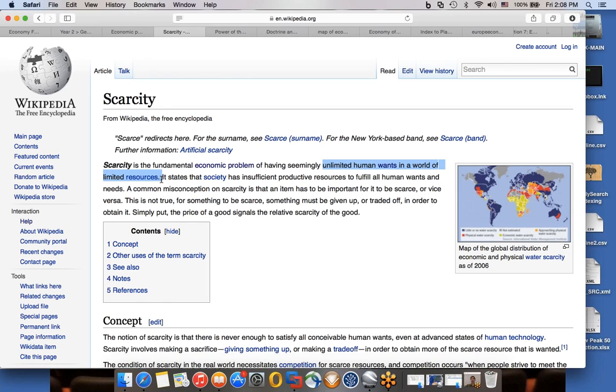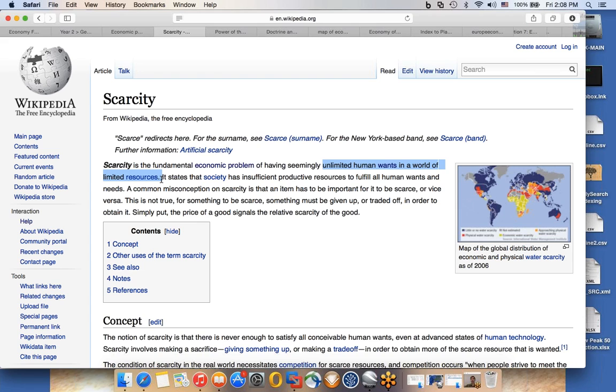So in economic terms, the resources are limited, but the human wants, economics usually doesn't differentiate very much between wants and needs, but we are going to talk about the difference between the two.